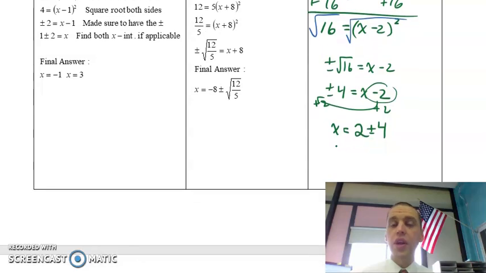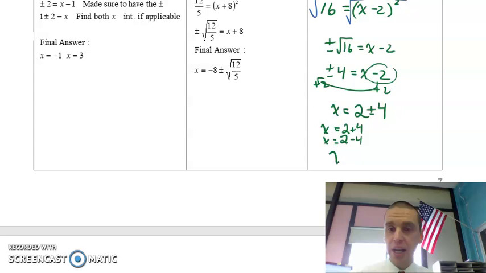Now, if it was in square root form, as in right here, we would be done. But because these are nice numbers, I write it out just so we don't have any confusion. 2 plus 4, 2 minus 4. And then our final answer would be x equals negative 2, x equals 6. And both would be our answers.